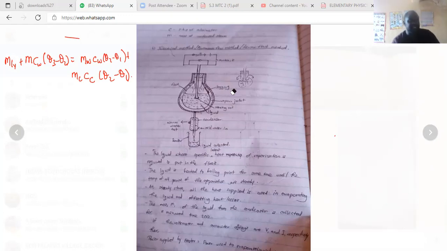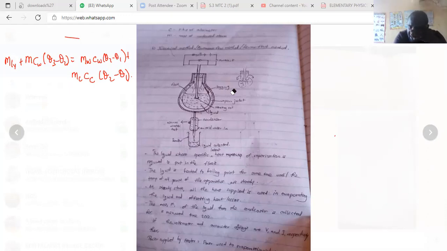So we assume at that instant we have a uniform temperature distribution across the entire apparatus, including the flask. At a steady state, all the heat supplied is used in evaporating the liquid and offsetting heat losses. As you can see, it is lagged.